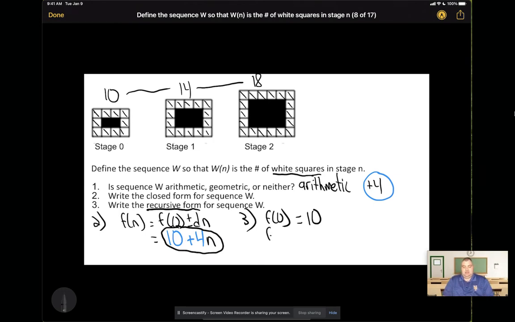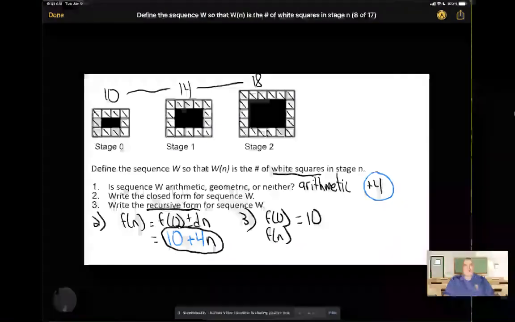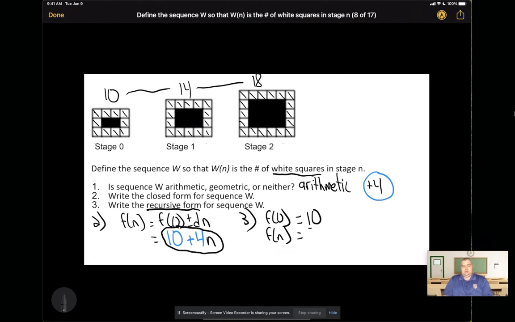So this is going to be f of n, that's my new term, equals f of n minus 1, that's my previous term, plus 4. So f of 0 equals 10, and f of n equals f of n minus 1 plus 4. So both of these things here, that is the answer to number 3. Remember, I mentioned this in the recursive lesson.